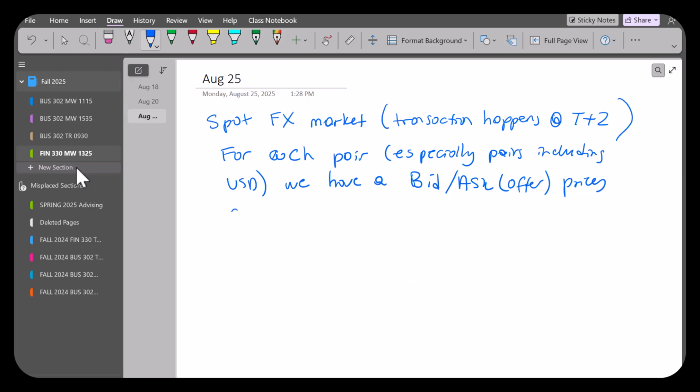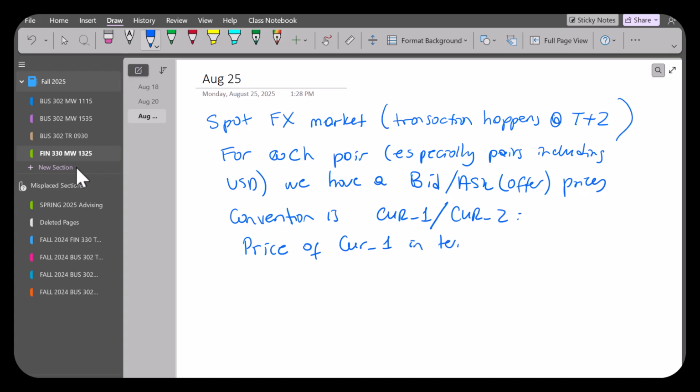And the convention is currency 1, currency 2, which means price of currency 1 in terms of currency 2.